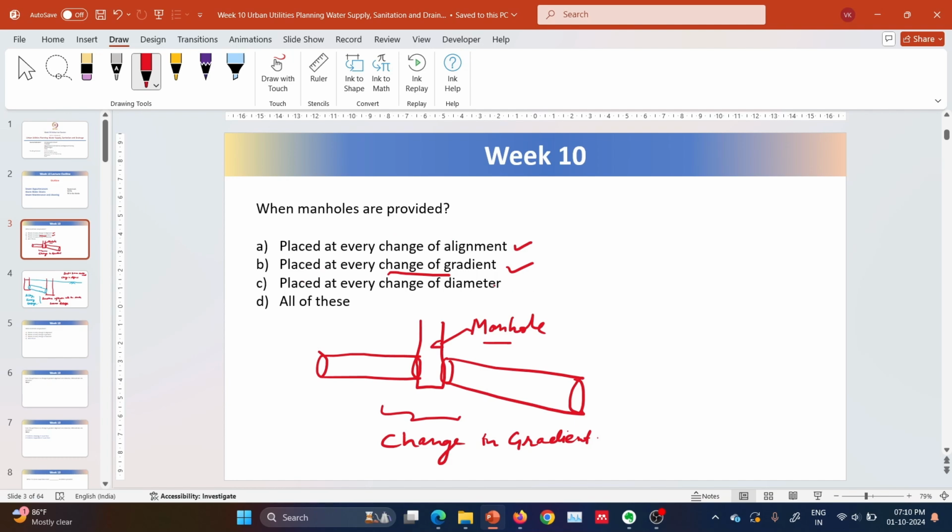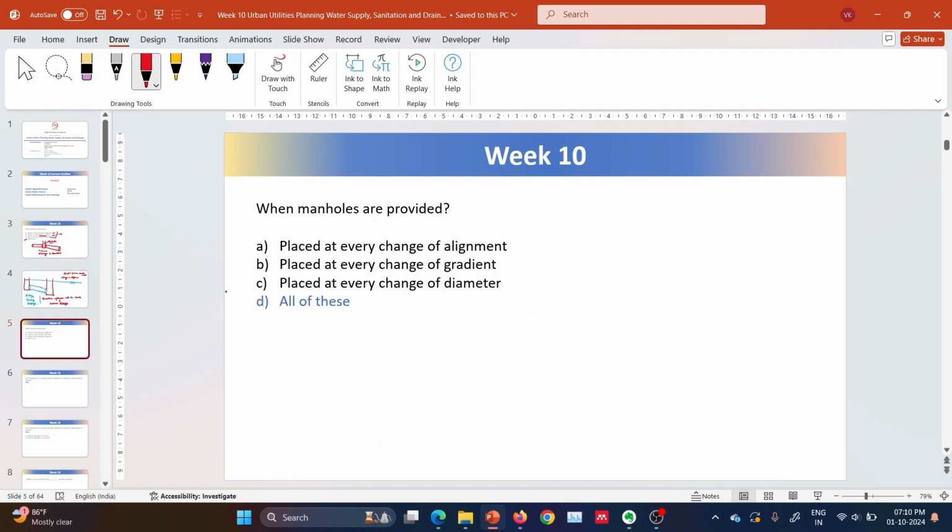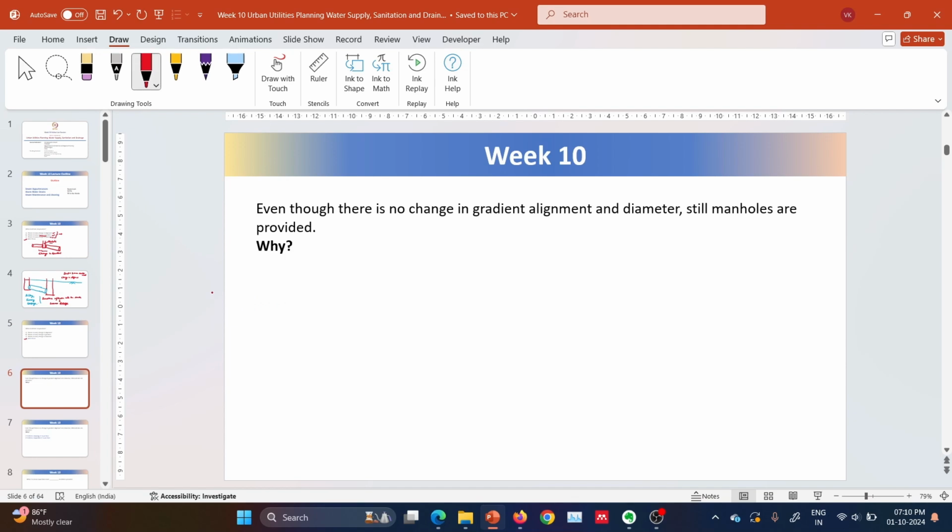Place one at every change in diameter too. And even if there is no change, manholes are still provided. The minimum distance that we need to check, I think, is 30 meters. All of these are the answer. Even though there is no change in gradient, alignment or diameter, manholes are still provided.